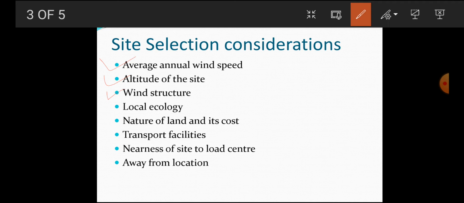At the proposed site, wind should blow smooth and steady all the time, that is, the wind velocity curve should be very flat. Wind, especially near the ground, is turbulent. Means at the ground it is very turbulent, it is not uniform.